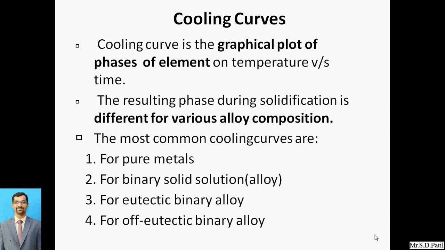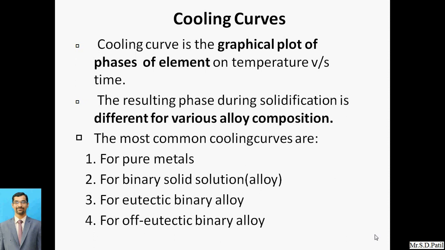If we increase the temperature of a material above the melting point, that material will be in the liquid state, and if the temperature drops below the melting point, the majority of the material is converted into the solid phase.